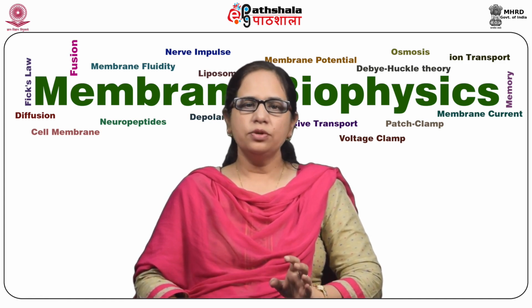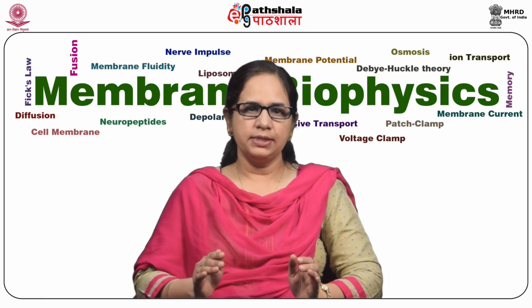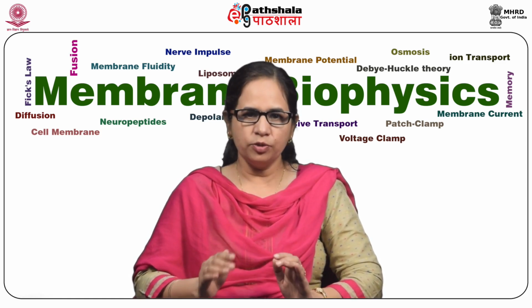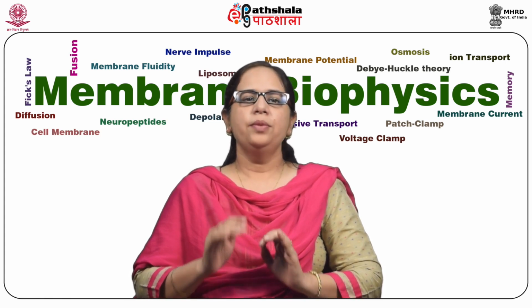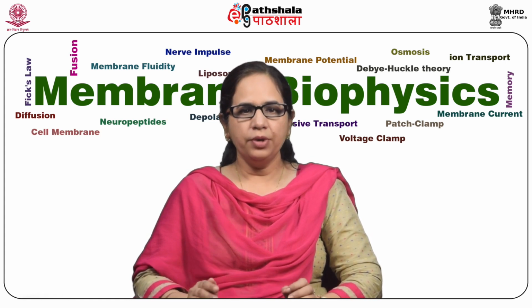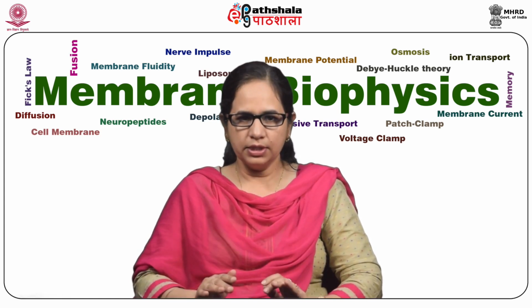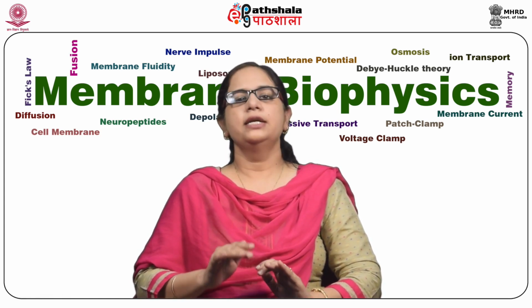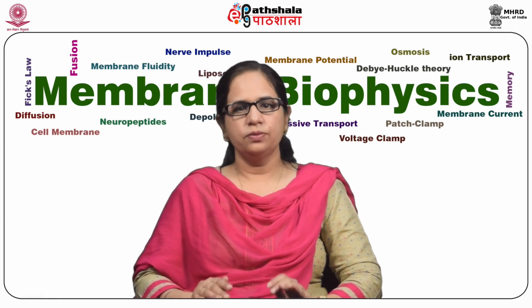Membrane transport refers to the movement of substances across or through the phospholipid bilayer. Membrane transport depends upon the permeability of the membrane, transmembrane solute concentration, and the size and the charge of the solute.